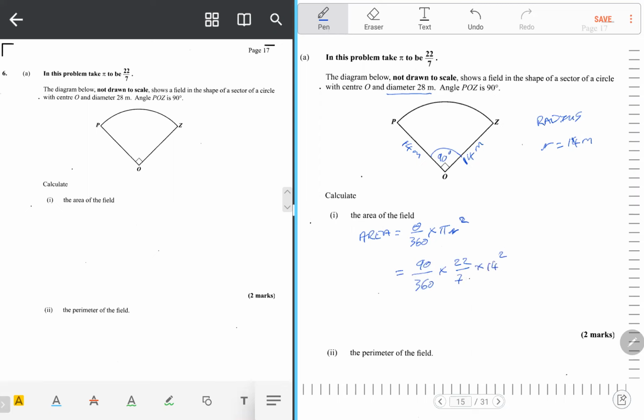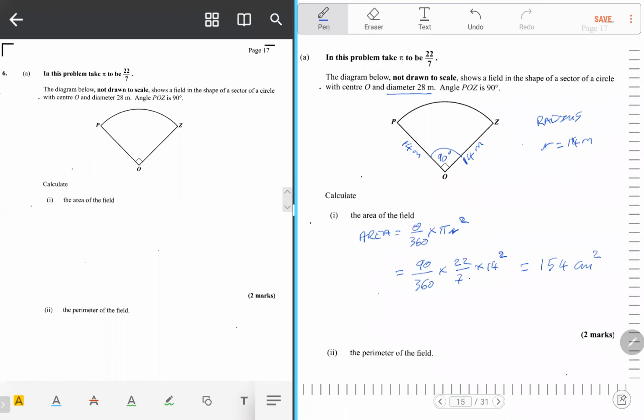We could also have recognized that this is just a quarter of a circle, and taken a quarter of the area, instead of 90 over 360, because 90 over 360 is still a quarter. That works out to 154 meters squared. That's the area of the sector.